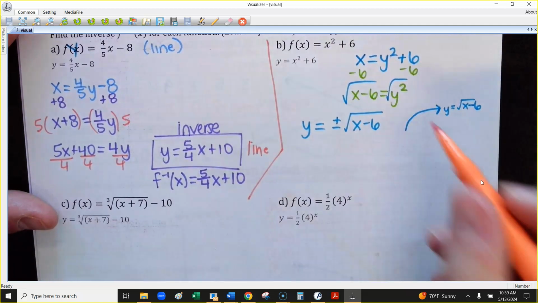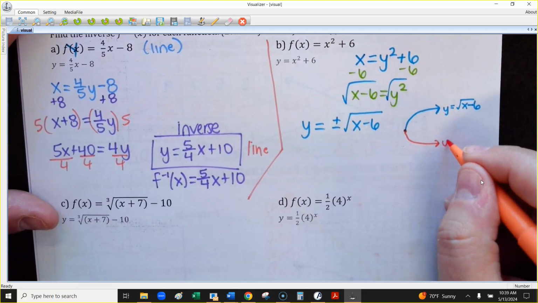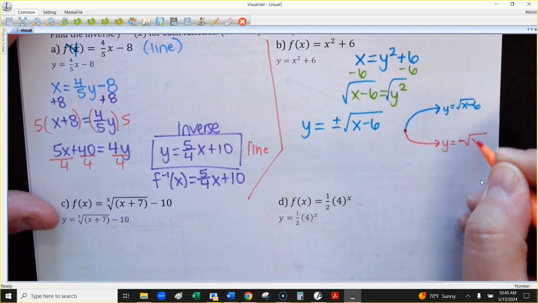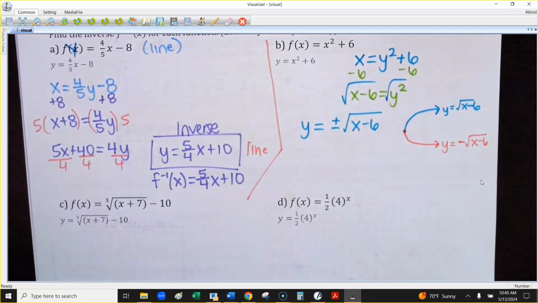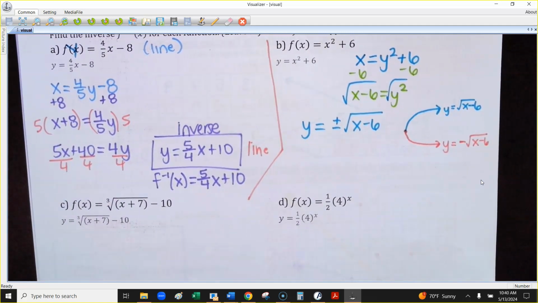And then the bottom half of that sideways parabola would be negative square root of x minus 6. So that's how the plus and minus works. But that's what causes it to fail the vertical line test and not be a function. When we were working with radicals and graphing these, we restricted that, so we either had the top half or the bottom half. But if we're doing inverses here, it should have both parts, and it does not pass the vertical line test. But anytime you have a quadratic, the inverse should be a square root.